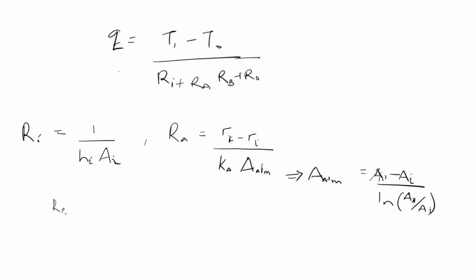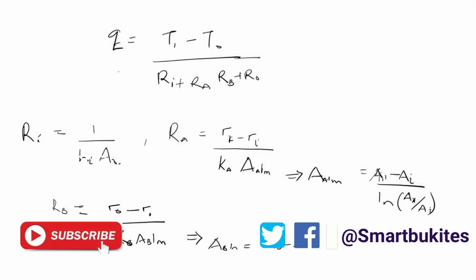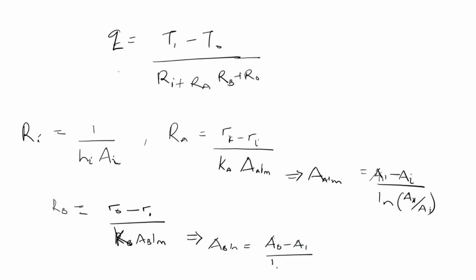So Rb is going to be R naught, the outside radius, minus R1, all over Kb times A b log mean, the log mean area of B. That's A naught minus A1 divided by ln of A naught over A1.